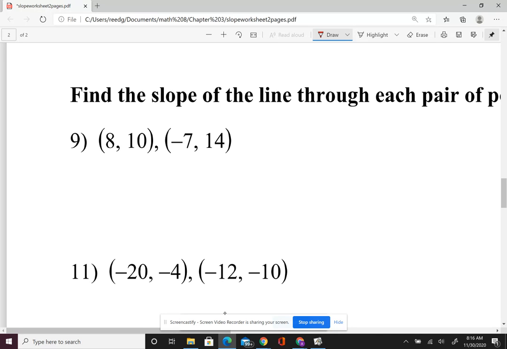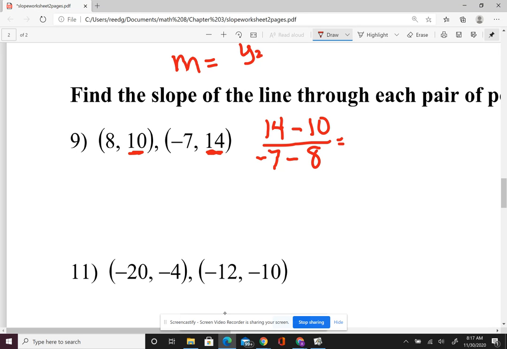Y2, so here's my second y. 14 minus, here's my first y. 10. Over negative 7 minus 8. Okay. That is correct. So 14 minus 10, we use the formula slope equals y2 minus y1 over x2 minus x1.